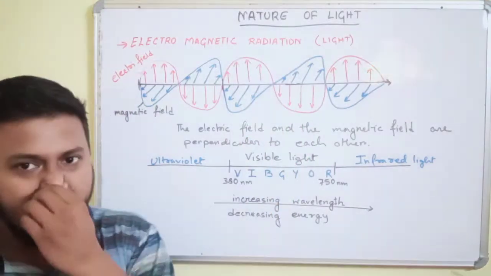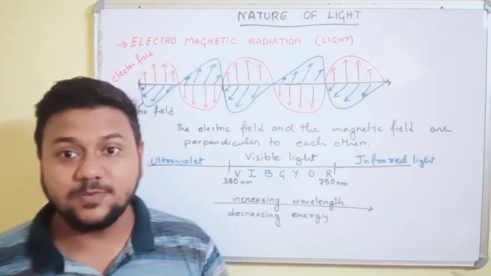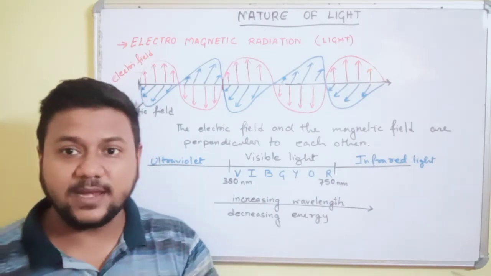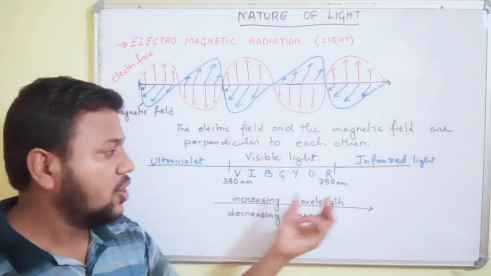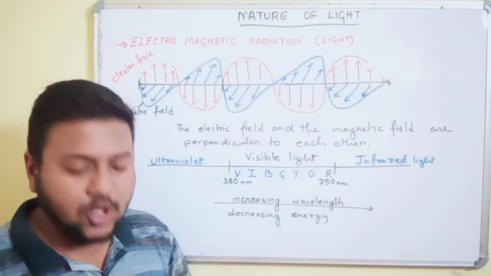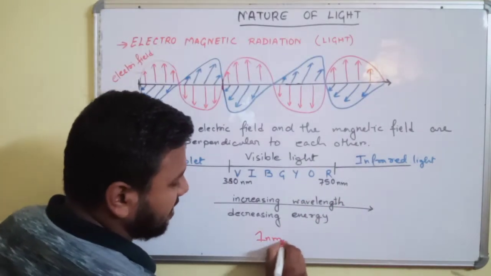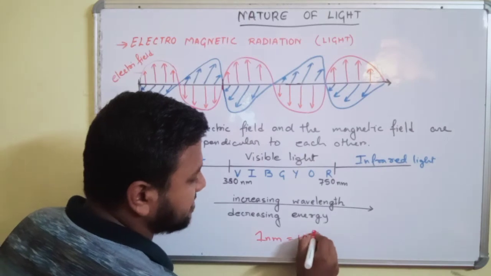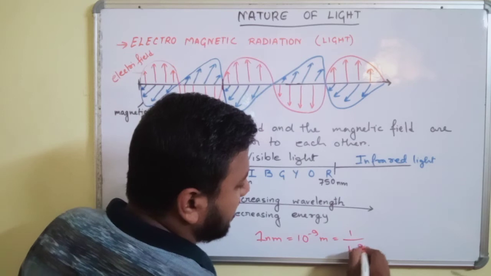Now when we talk about visible light, it is an electromagnetic radiation that has a wavelength between 380 nanometers to 750 nanometers. We know that 1 nanometer is equal to 10 to the power minus 9 meters, or you can say 1 by 10 to the power 9 meters.